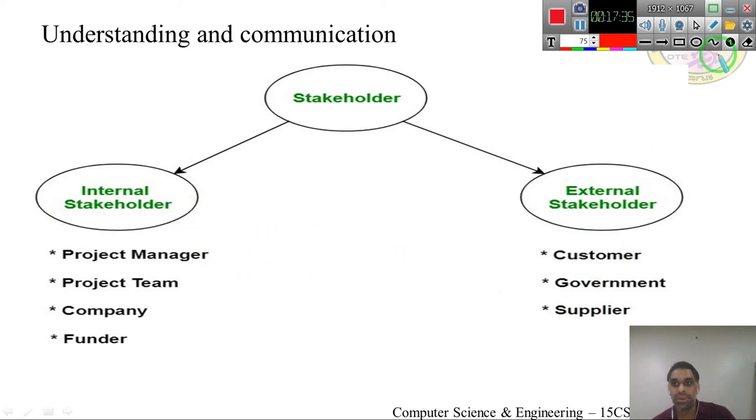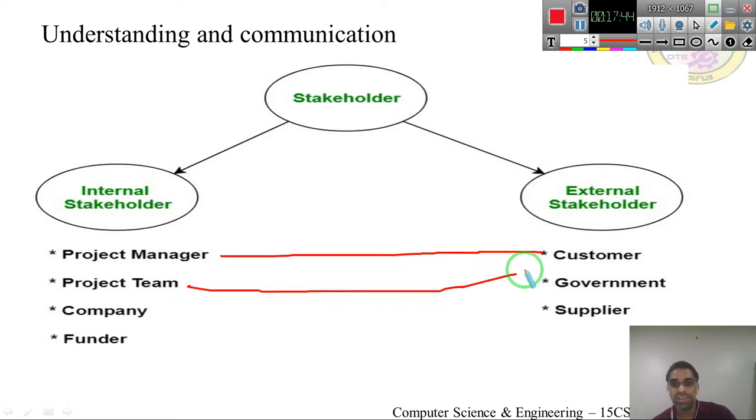Then what has to happen? There should be communication between the project manager and the customer, between the project team and the customer, right? So why does this communication have to happen? So that all the requirements given by the customer will be clearly understood by the internal stakeholder. Right?